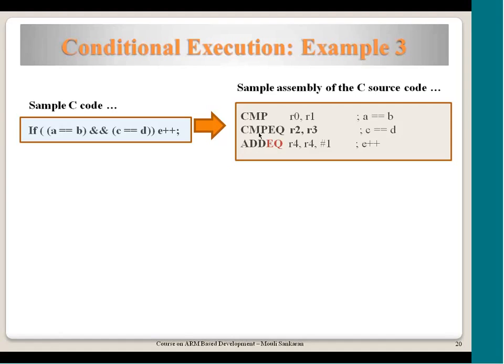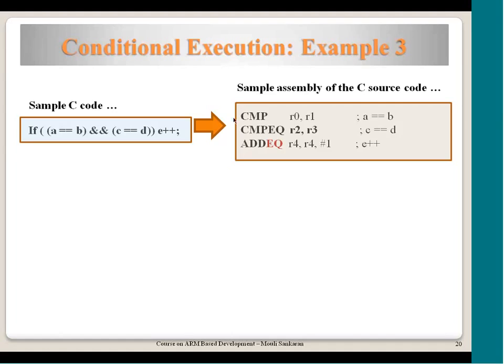Now in the previous slide I told you within this conditional execution you should not put any instruction which will impact the CPSR. Now we have used CMP here, which is a compare instruction. Whether you put an S here or not, this is going to impact the CPSR. So whatever the state of the earlier compare, the CPSR values are overwritten by this compare instruction. But is it correct in this scenario?